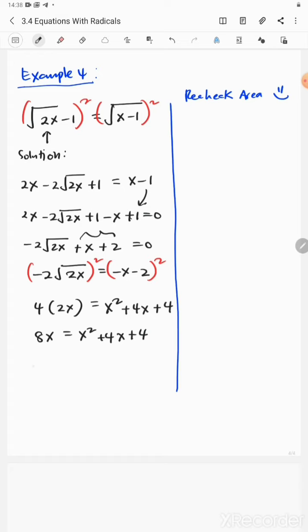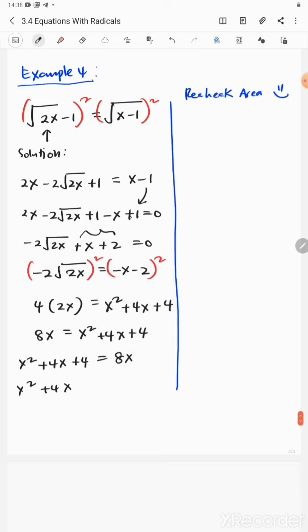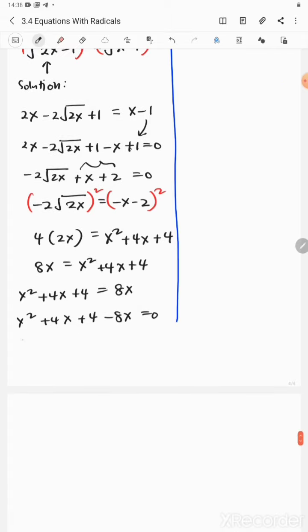Alright, so now we just change the position. Okay, I do step by step. Now, this one is 8x. x squared plus 4x plus 4 minus 8x equal to 0. So 4x minus 8x will get negative 4x plus 4 equal to 0.